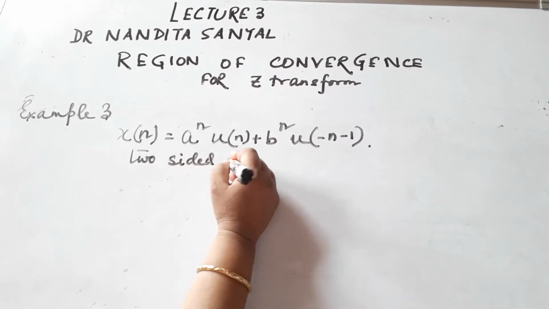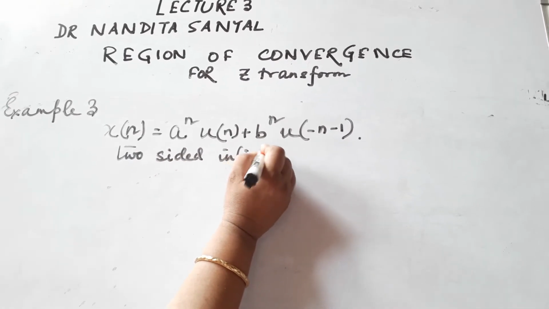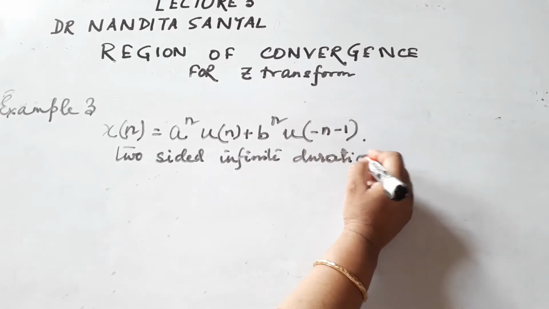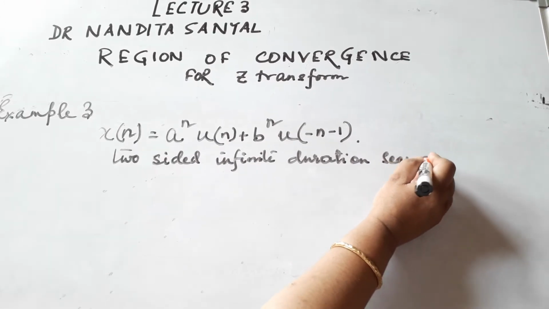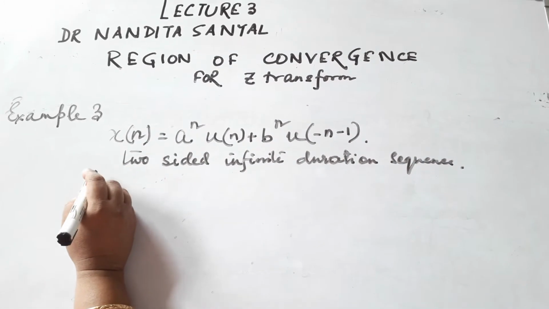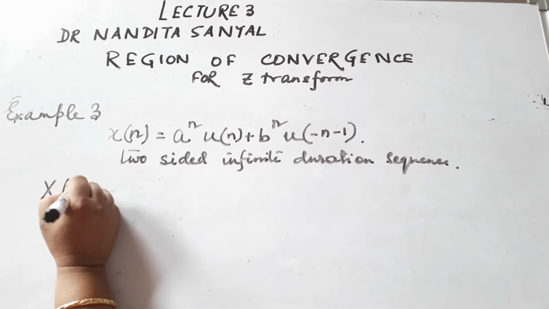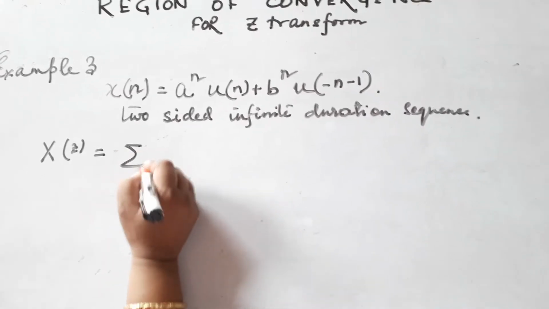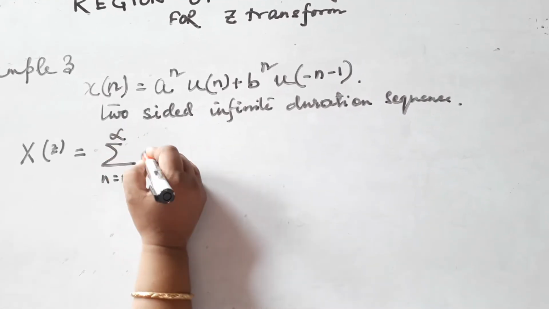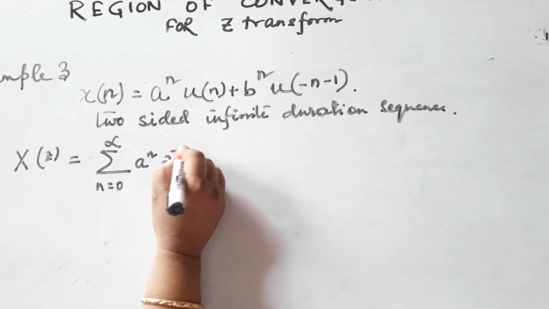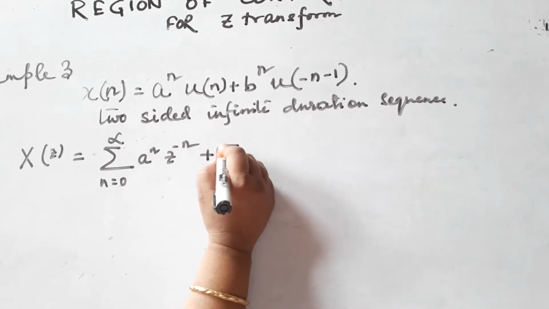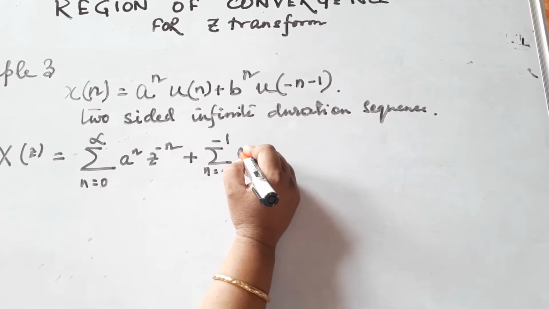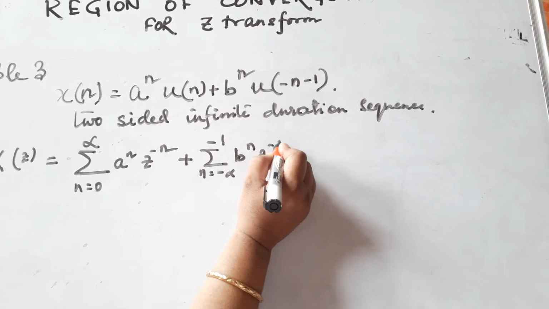So X(z) will be equal to summation of n equal to 0 to infinity a to the power n z to the power minus n plus summation of n equal to minus infinity to minus 1 b to the power n z to the power minus n.